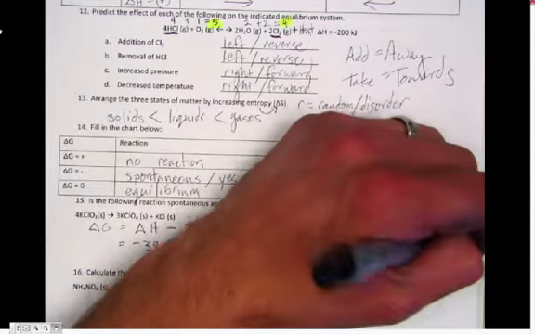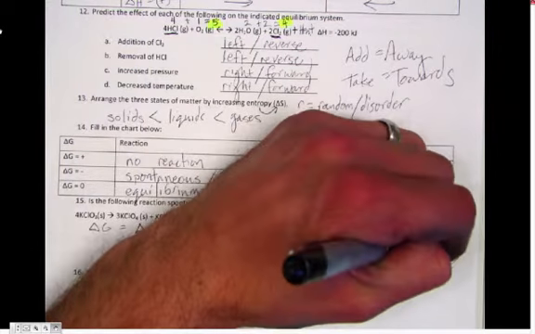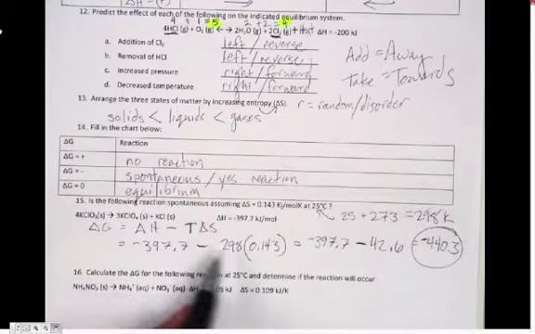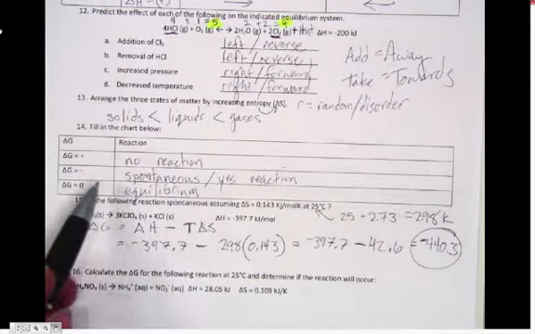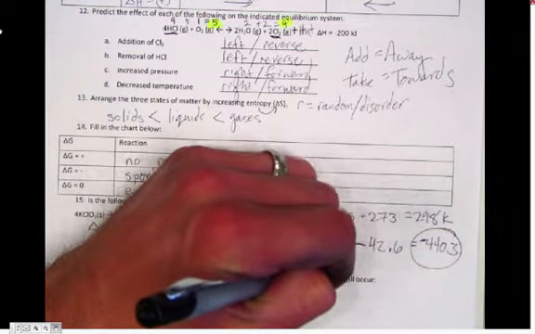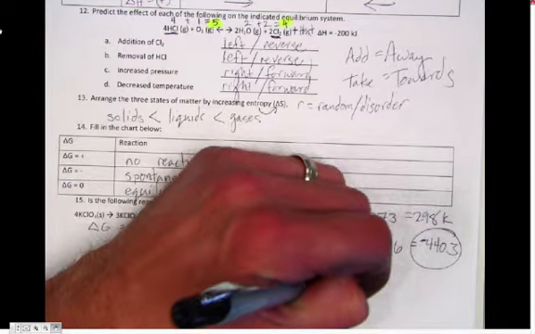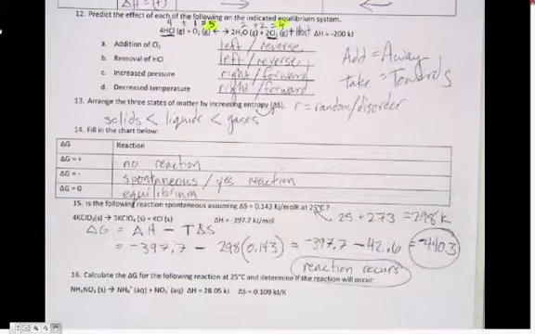So this number is your calculation. What's really important about this number is the sign, which is again why I say you have to double check your signs, because the most important thing about these answers is what the sign is. Because then we go back over here and we say, okay, the delta G is negative, so reaction occurs. Okay, so we know that that reaction occurs.